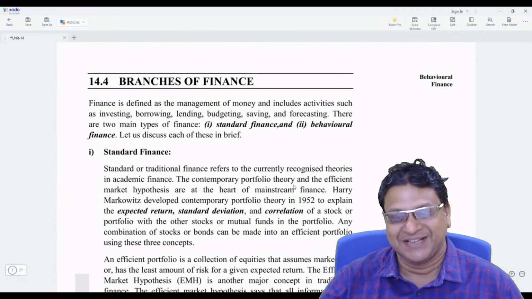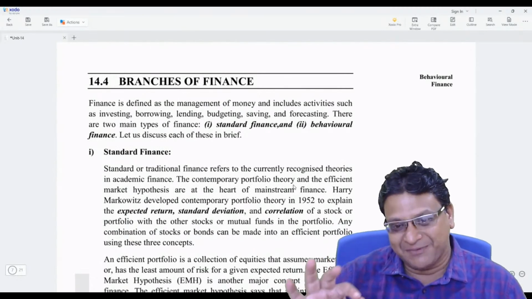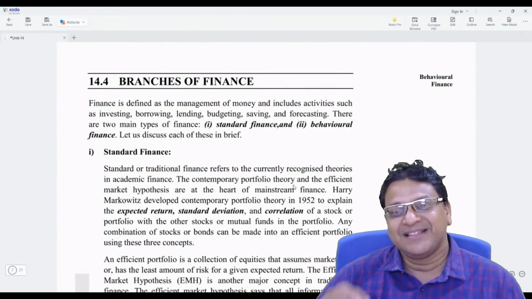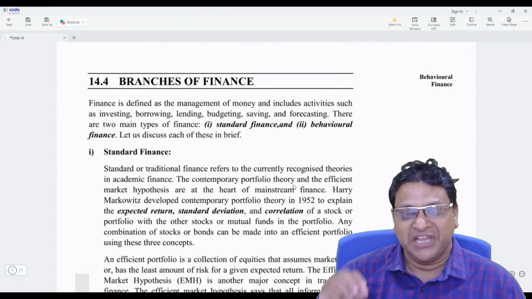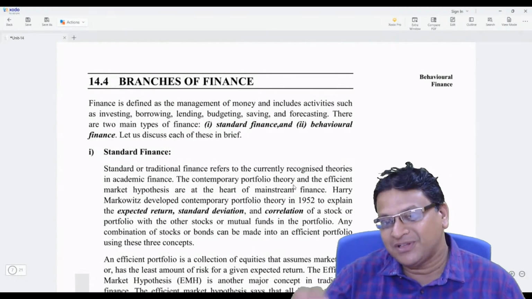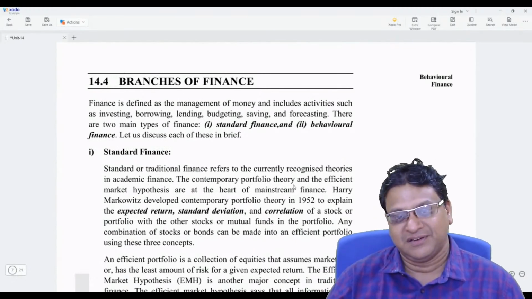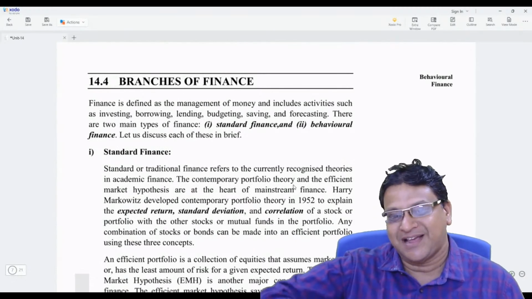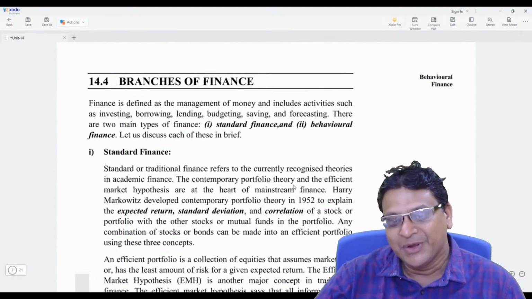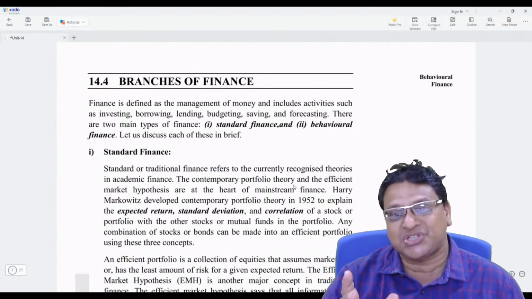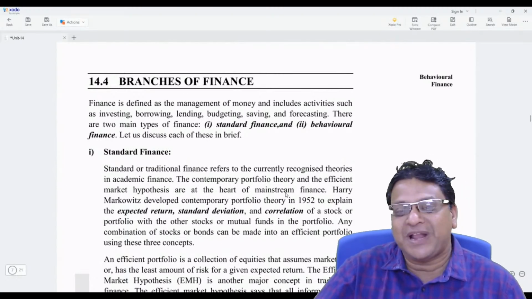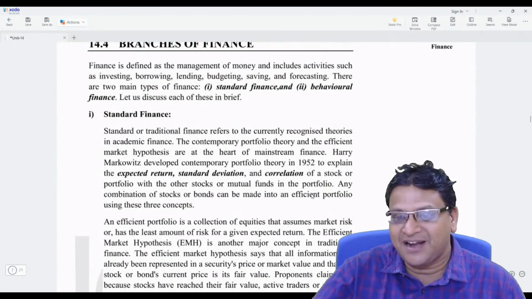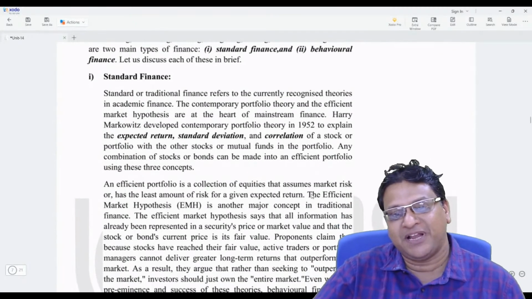Most of the time they behave irrationally. Their behaviors are influenced by emotions, heuristics, and many other factors. In that context, how financial theory adjusts itself is known as behavioral finance. So, there are two branches of finance: standard finance and behavioral finance.